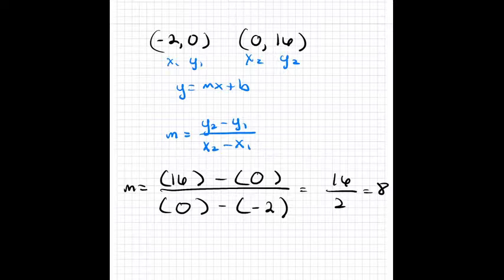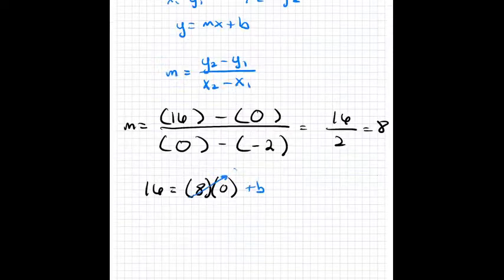So now we can choose one point. I'm going to choose the second point because our x is 0. So if we let y be 16, the slope is 8, and x is 0, the only thing we don't know is b. Notice this term goes to 0, so we get our result right off the bat. b equals 16.